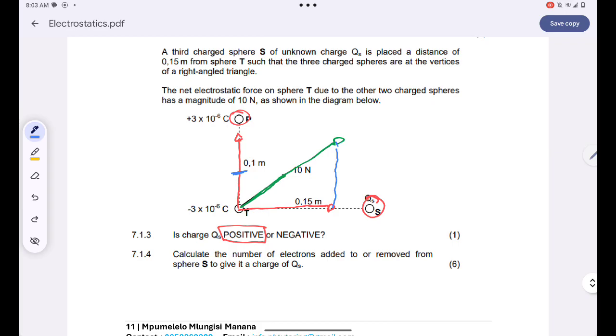This will be the electrostatic force between charge P and T, and then over here we'll have an electrostatic force between charge T and S, and that's our F net. If we have a right angle over there, it simply means that we can use our Pythagoras theorem to find firstly the electrostatic force between these two charges, and then go and find the charge on sphere S.